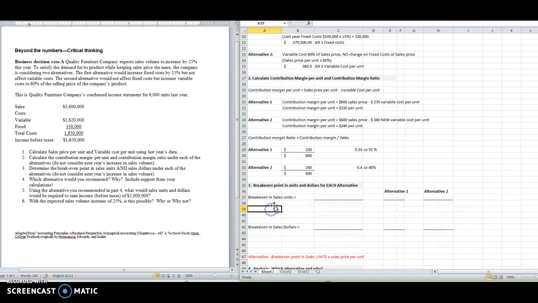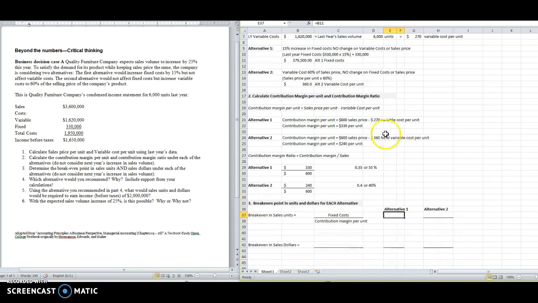So the first thing we need to do is our break-even in sales units. How do we calculate our break-even in sales units? We take our fixed costs and we divide it by the contribution margin per unit. For alternative 1, we varied our fixed costs.